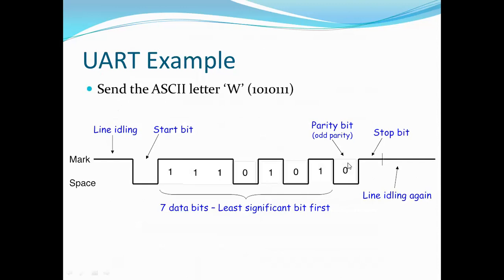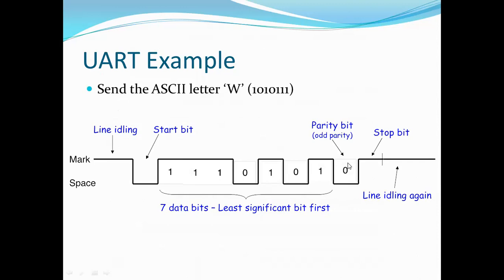Here we are seeing the example of the character W, which gets converted into binary form, 1010111. How is this W transmitted on a UART? It has a low start bit and a high stop bit.